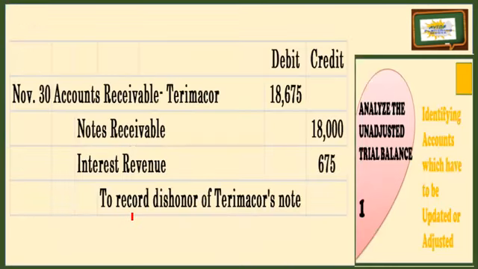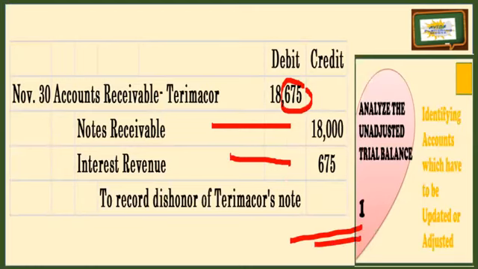So this will be the illustration. Debit accounts receivable again, 865, this time with interest. Credit notes receivable and credit interest revenue. This is for a dishonored note. Otherwise, this would be debit cash and credit notes receivable.